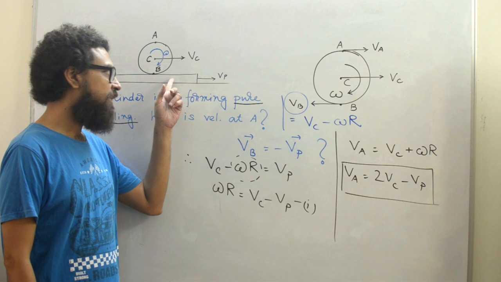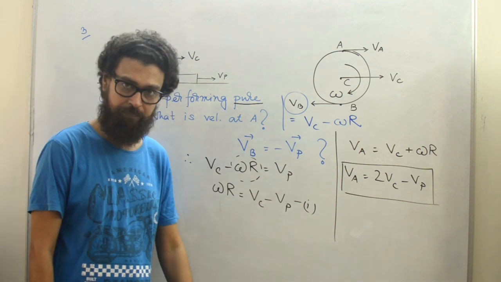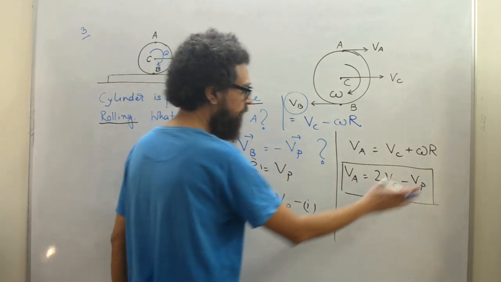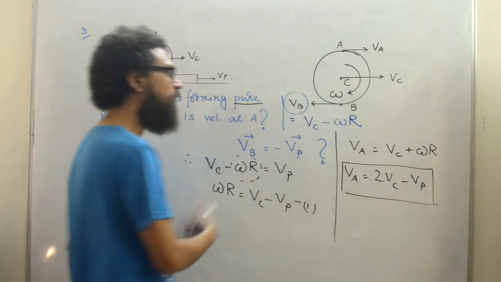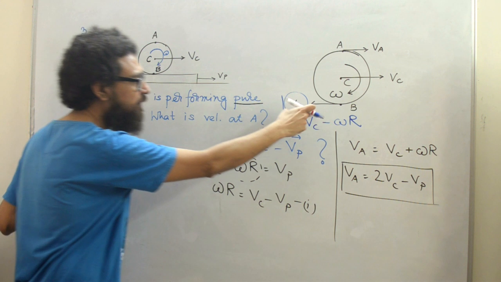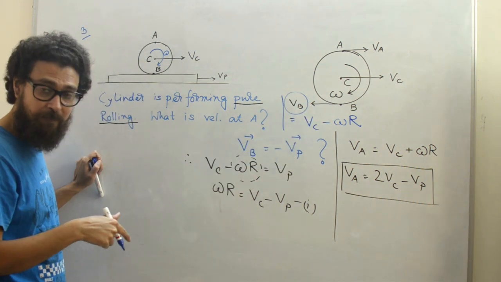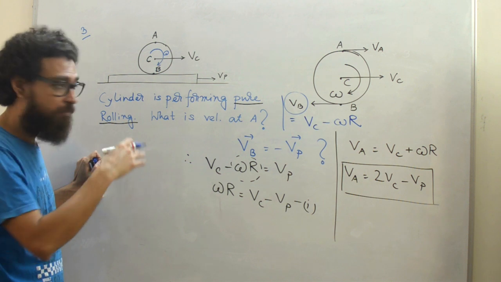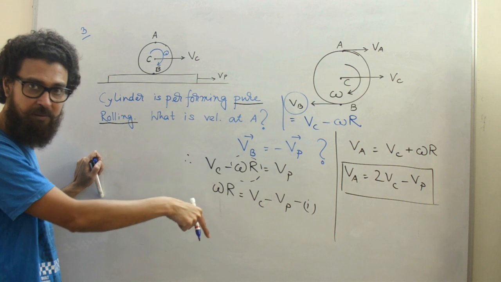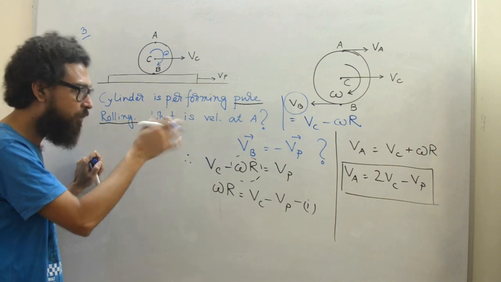If this surface is at rest, suppose this cylinder is rolling over the ground, then eventually in this relation Vp will be omitted. If Vp is not there, then this vector won't come. Can you understand this? This problem is solved, but they may ask you something based on this concept, and it may not be the same sum.